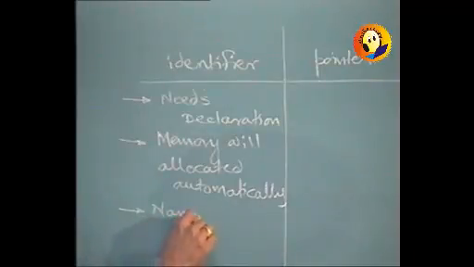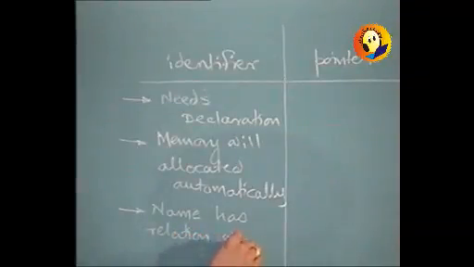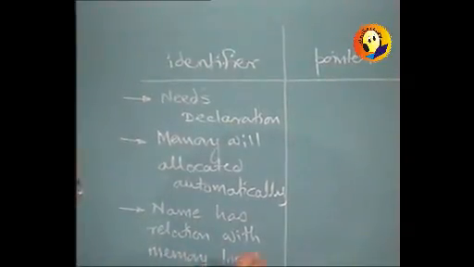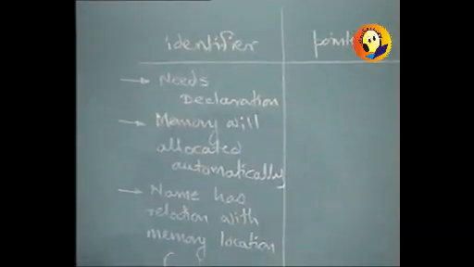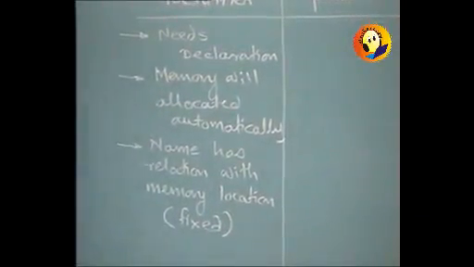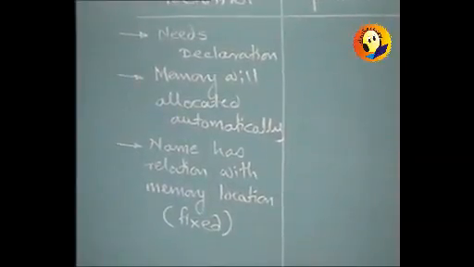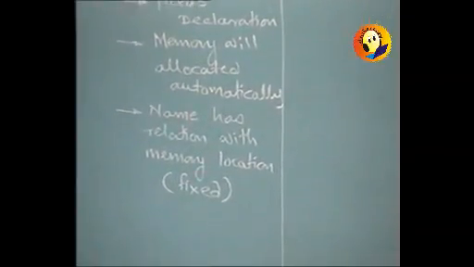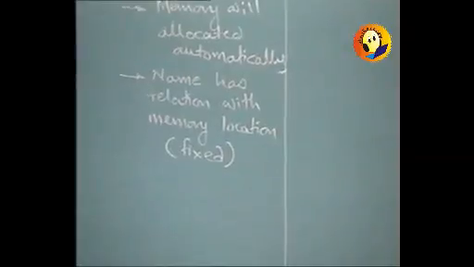Name has a relation with some memory location. And in general it's a fixed relation. That means every time that identifier will correspond to the same memory location.